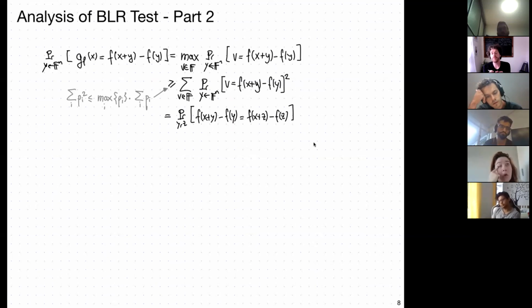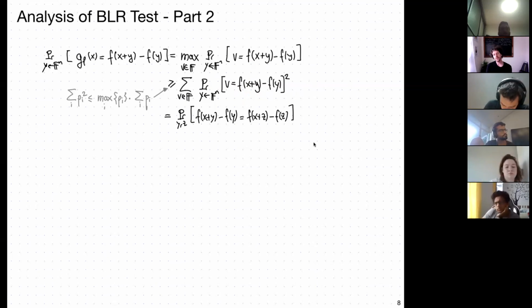And why does this hold? This is just rewriting it. Here I have the probability of V being equal to something times V being equal to something, which means exactly the probability that if I take two IID votes, they would be the same. So this is a collision probability. It takes time to see it properly, but it's completely straightforward.